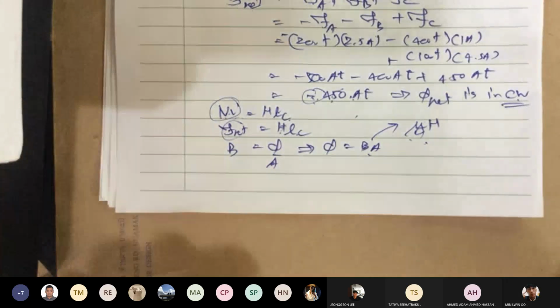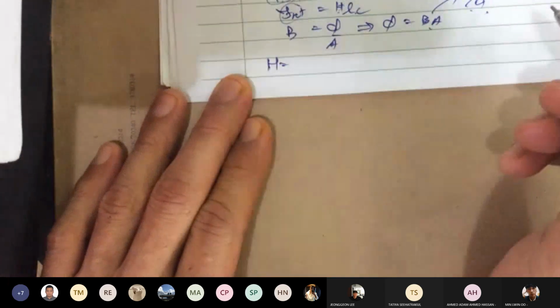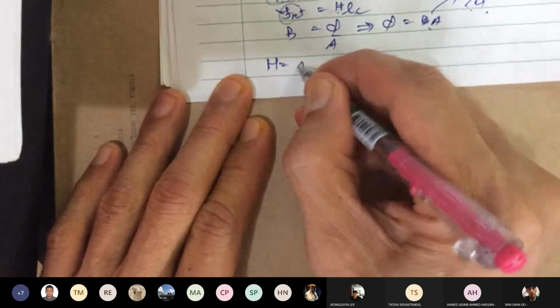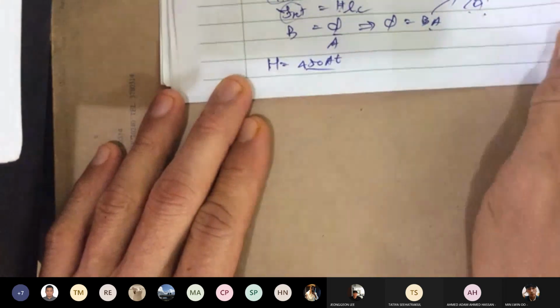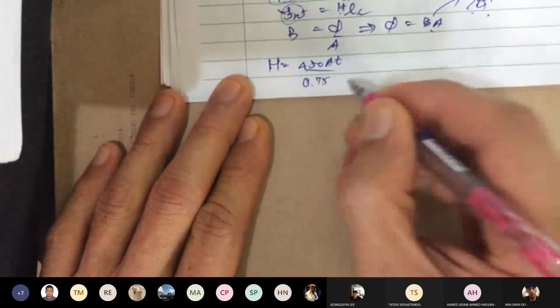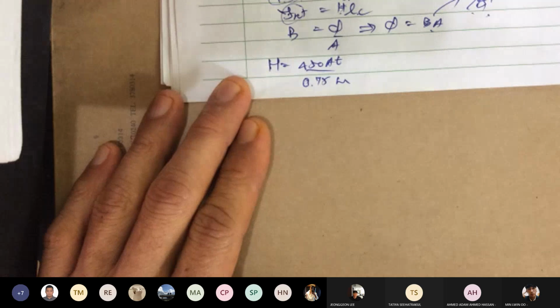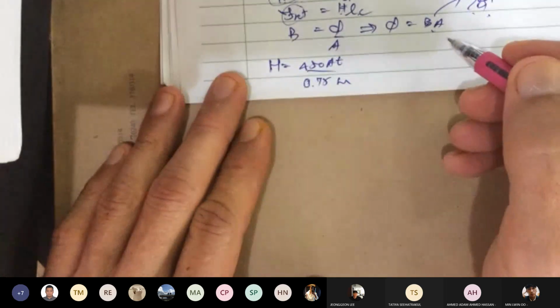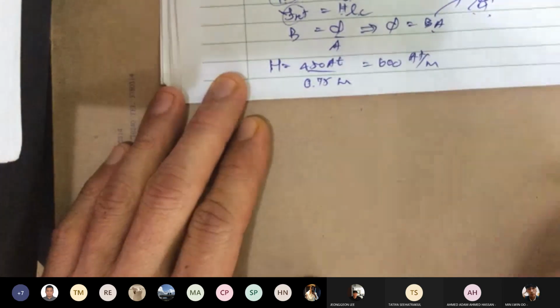Okay, let's do it here. So here, H is the net magnetomotive force, 450 ampere-turns, divided by the length, which is 0.75 meter. What is that number? Give me a second. I don't have a calculator. Yeah, 600, right? 600 ampere-turns per meter.